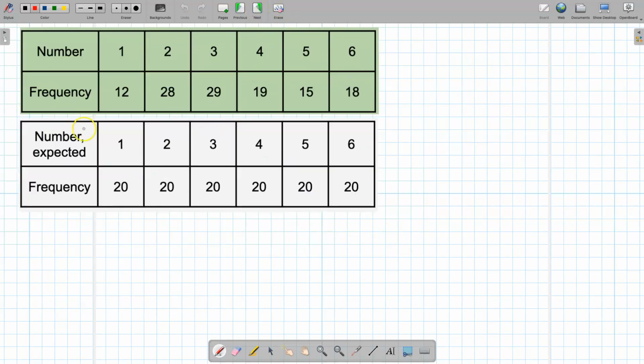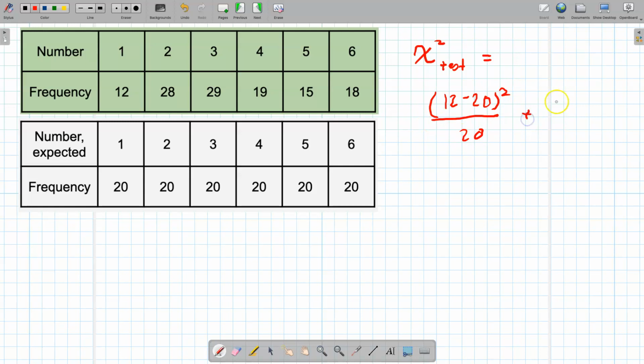So the next thing to do is to think about the observed data, which is in the green table there, and the expected data here. And although you probably won't have to do this too much, our chi-squared test statistic is gained by taking the observed, take away the expected, for each category, squaring it and dividing it by how many we expect to be in there.